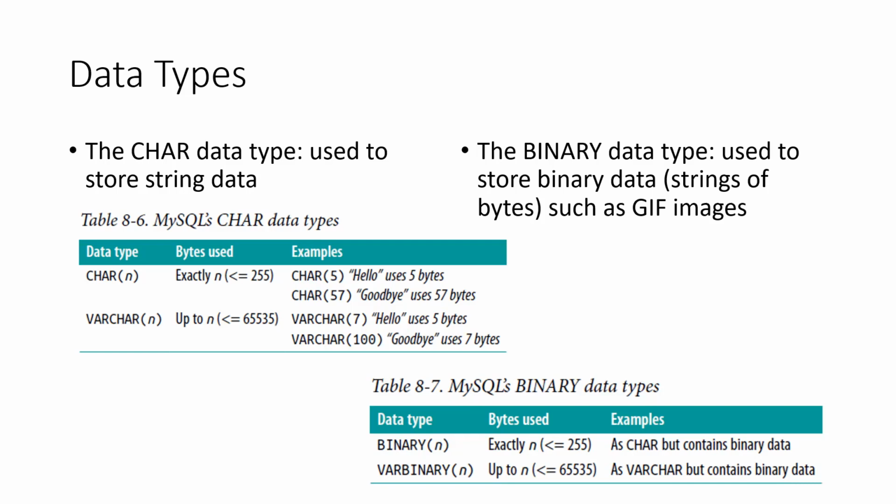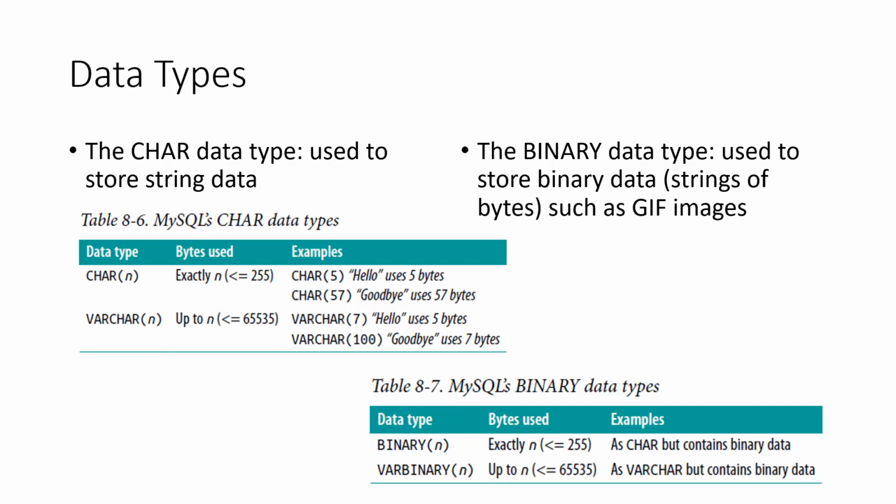Exactly. So assuming you are going to have only 10 characters, then maybe you go for character, because it depends on the size of the data. So you can look at the data set size as well. Character has a fixed set of bytes allocated.